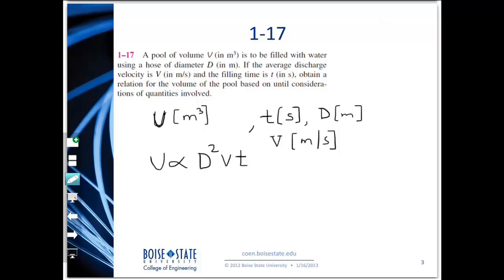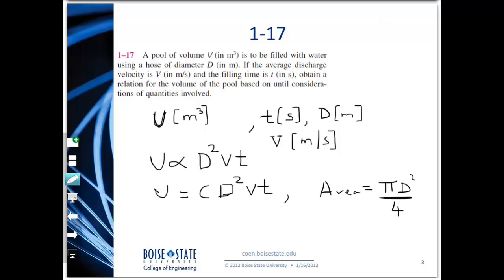And we wrote this proportionality constant here, so we're going to replace this with a constant by putting an equal to sign, and then for a round hose, you know that area of the cross section is pi d square over 4.